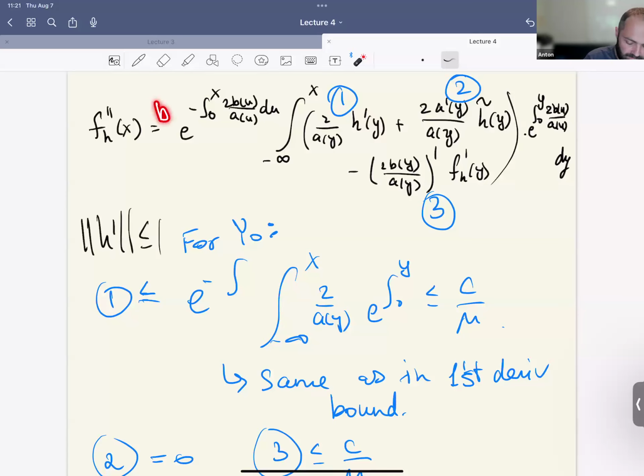If you multiply everything by b of x, which in our case is just the absolute value of x, then you can use this trick from the normal distribution. You can use that trick to get a bound on b of x times f double prime. That is a constant of constant order that doesn't increase in x.